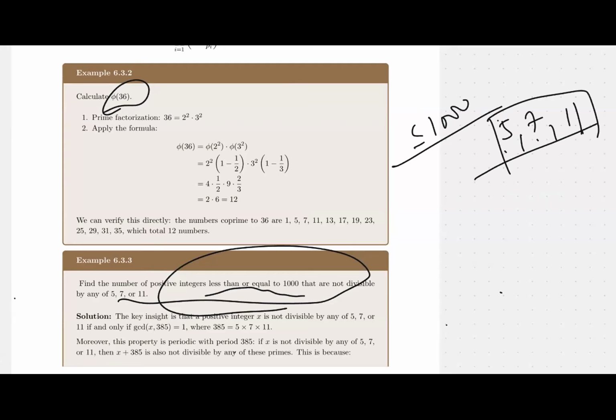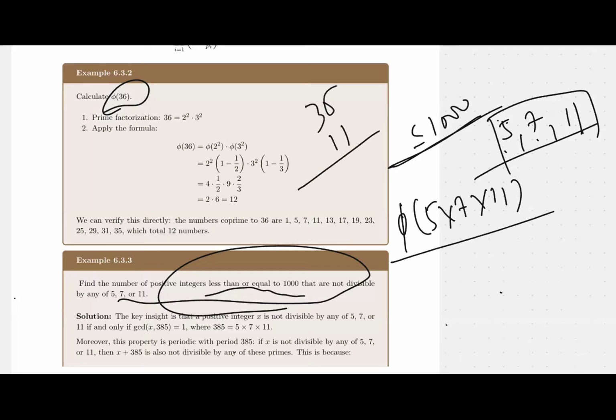Which means we can just directly look at what is phi of 5, comma 7, comma 11. Right? So 35 times 11 is what? 350 plus 35, which is 385, right?